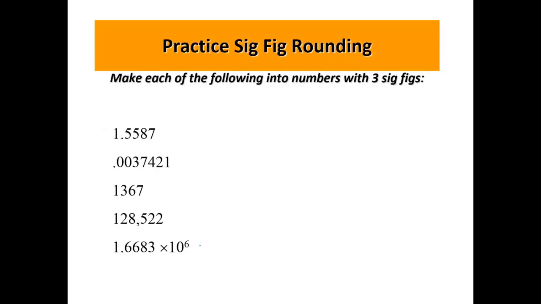All right, let's do a little practice. I'm going to give you all a minute to go through these and round them to the appropriate number of significant figures. In this case, you're going to round them to 3 significant figures. Last time we did 4; this time we're going to do 3. I'll do the first one together with you. Remember, you go left to right, underline the first 3 sig figs, 1, 2, 3, and then you round up or down based on the number that comes after it. So this rounds to what?